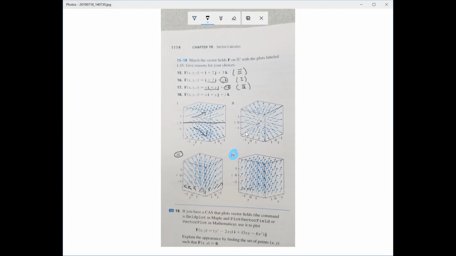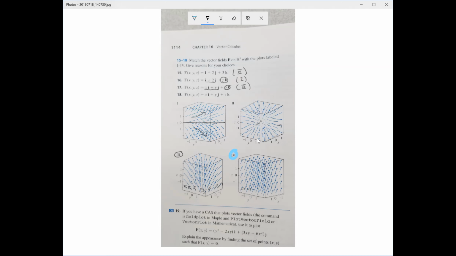Okay, so let's look at this point right here. Since you're going more towards the positive x, the ith component will go more towards the left of this axis right here. While if you go to the negative x direction, the vectors will go more towards the right based off this x-axis.